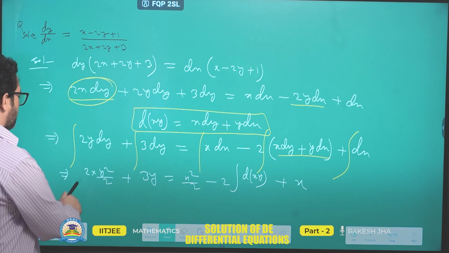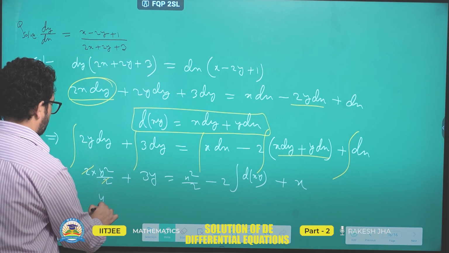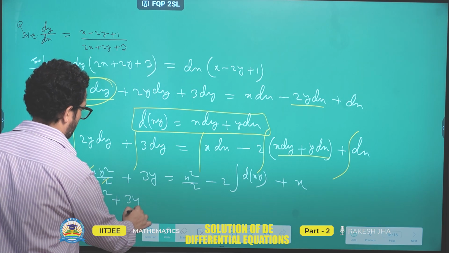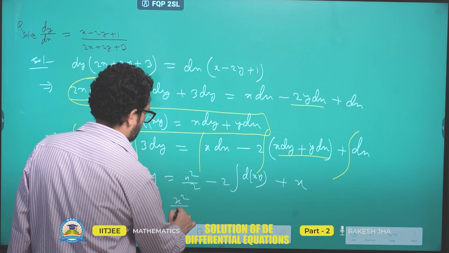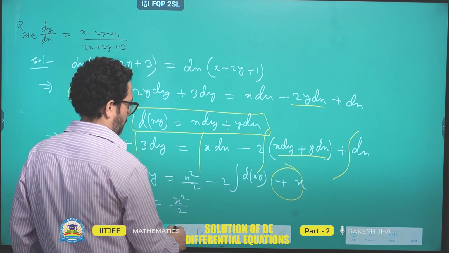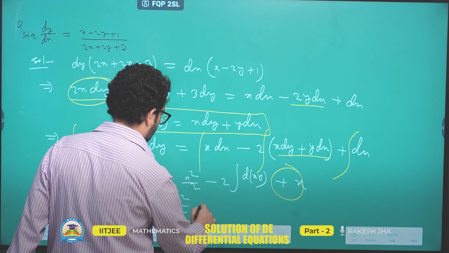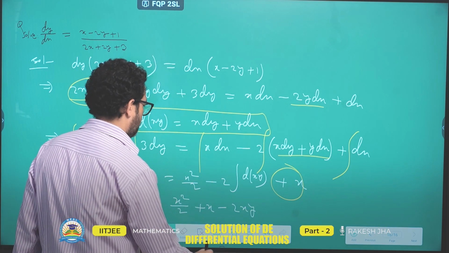Now we arrange: 2 and 2 get cancelled. We are left on the left-hand side with y square plus 3y is equal to x square upon 2 minus 2xy plus x plus c.